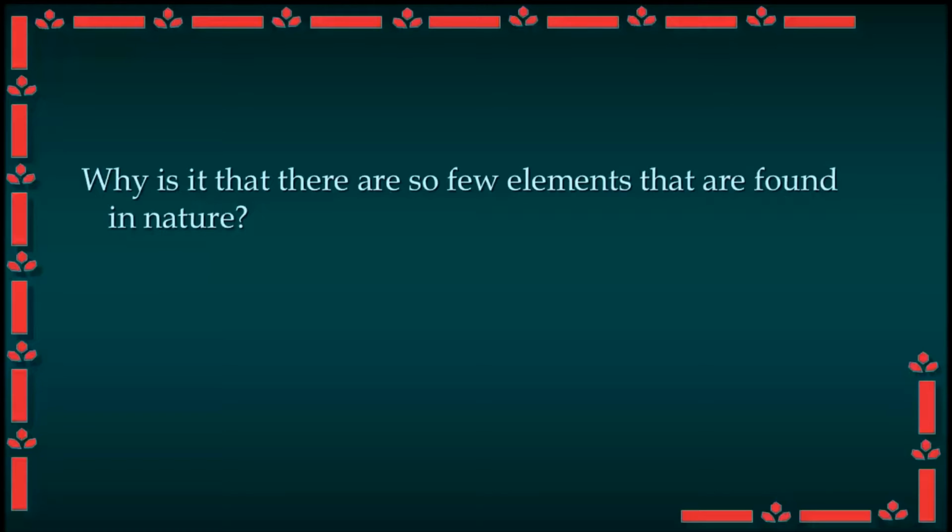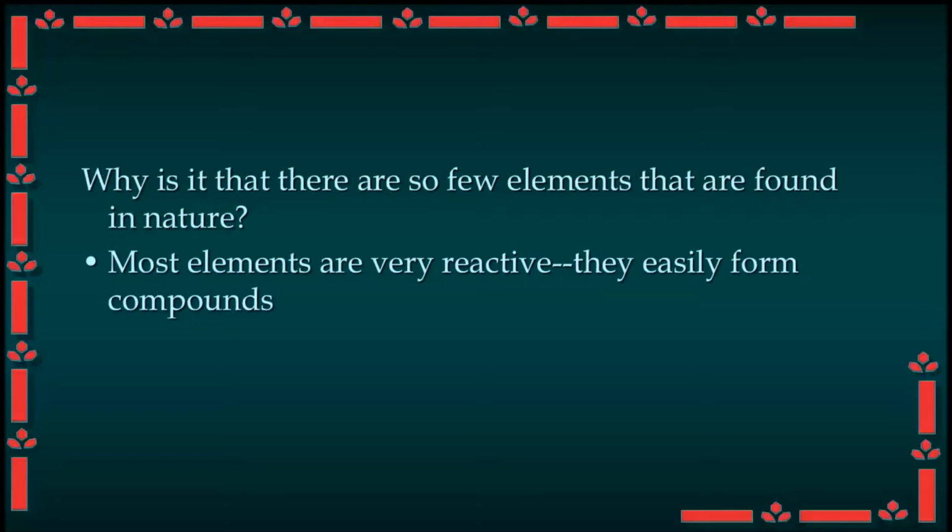So, why is it that there are so few elements that are found in nature? Why can't we find just pure elements just sitting there? Because most elements, yes, Maxine. Because they like to react with each other. Yeah, he's right. Most elements like to react with each other. Most elements like to form compounds.